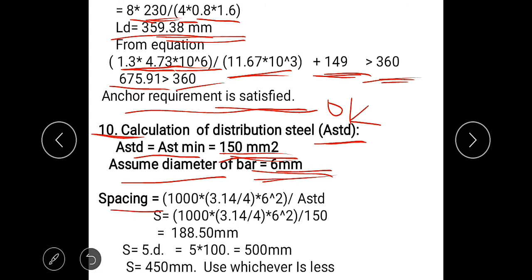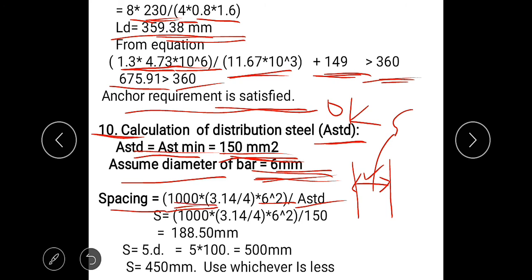So spacing: we assume area is 150 mm square and the diameter of bar is 6 mm. Here we have to find spacing between two distribution bars. The formula to calculate spacing is 1000 into pi by 4 into d square divided by AST.